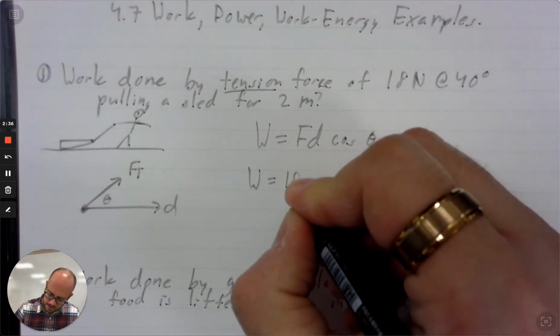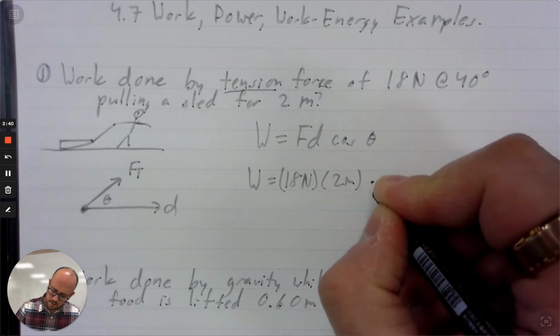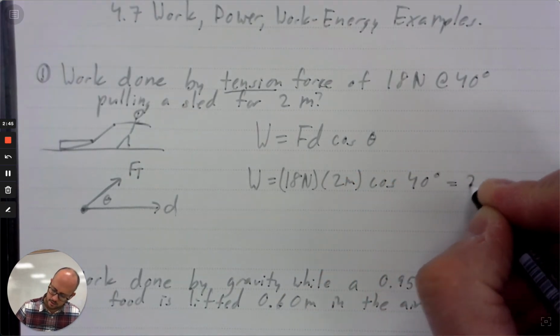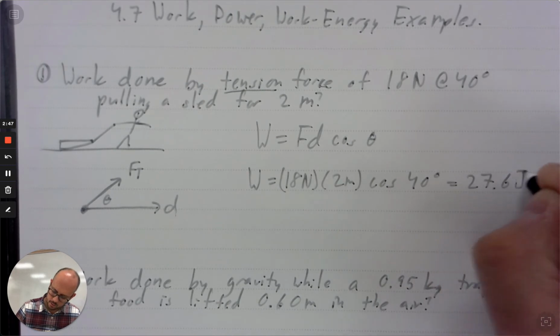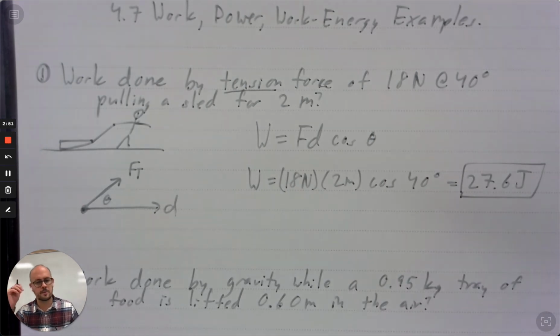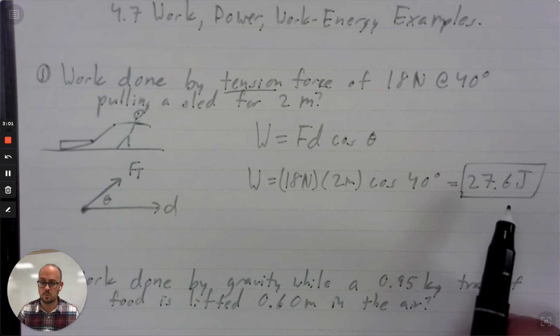So we would just say 18 newtons times 2 meters times the cosine of 40 degrees, and that's equal to 27.6 joules. So, if tension were the only force acting in the horizontal direction, then the kinetic energy of the sled would increase by 27.6 joules.